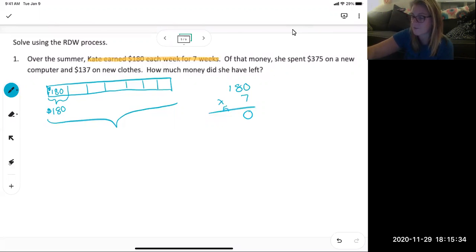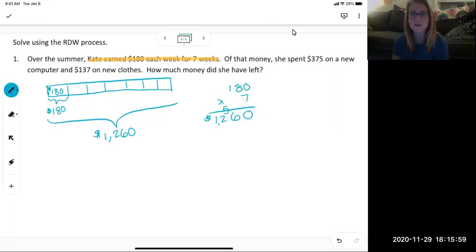So I'm going to carry my 5 in the hundreds place and my 6 down in the tens place because we're multiplying 7 times 8 tens, which gives us 560 really. Okay, and then we're going to do 7 times 1, which is 7, and we're going to add our 5, which gives us 12. So she's earned $1,260. Whoa, that's a lot of money.